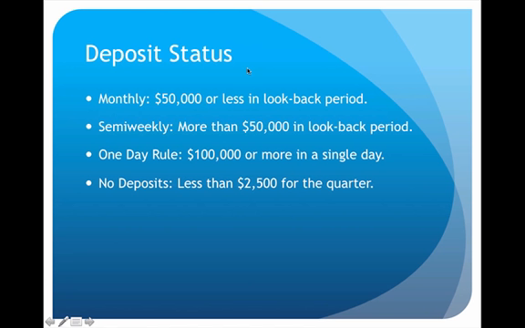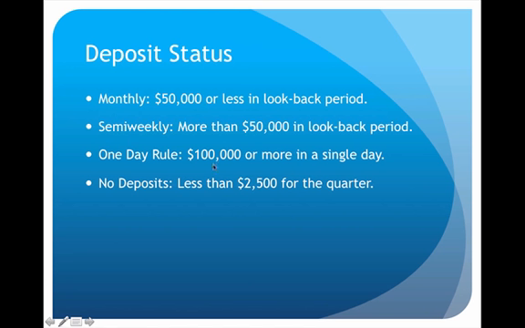During that look-back period, if we paid in total $50,000 or less to all employees, then we will be required to send the money monthly. If we paid more than $50,000 in the look-back period, we will have to make our deposits semi-weekly.